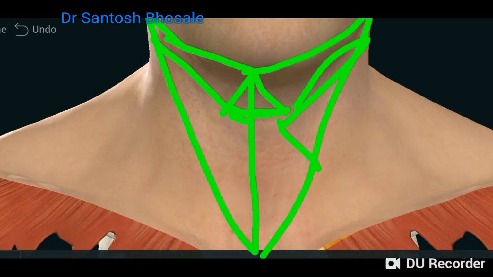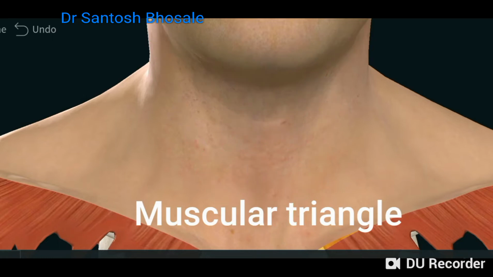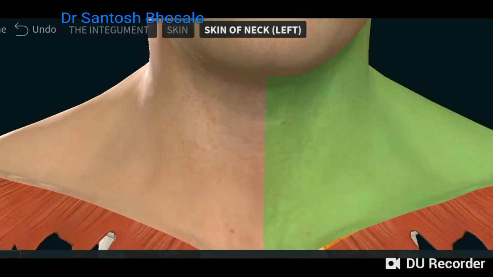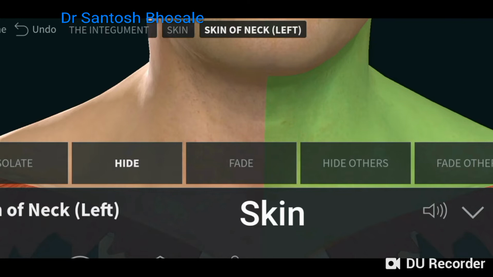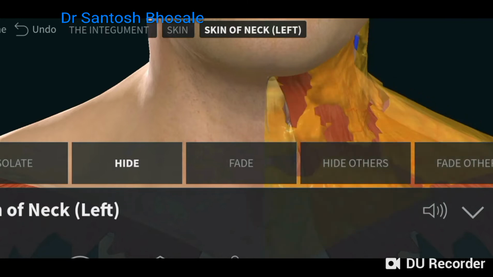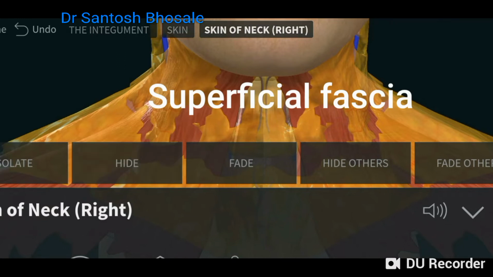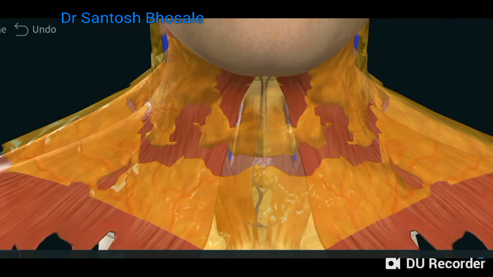And you know, the entire larger part of the anterior triangle is divided into 7 subdivisions: an unpaired submental, and paired carotid, muscular and digastric. So the muscular triangle is here. If you take that out, the roof of the muscular triangle was formed by skin, supplied by the transverse cervical nerve, and superficial fascia containing the platysma muscle, a subcutaneous muscle.